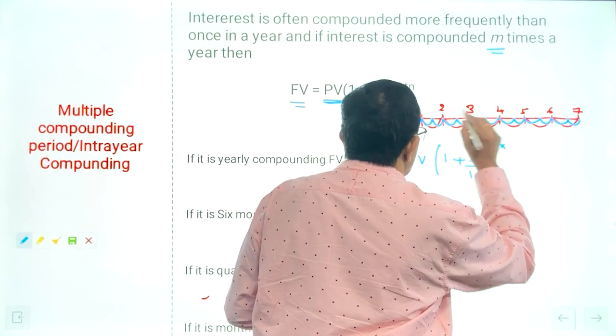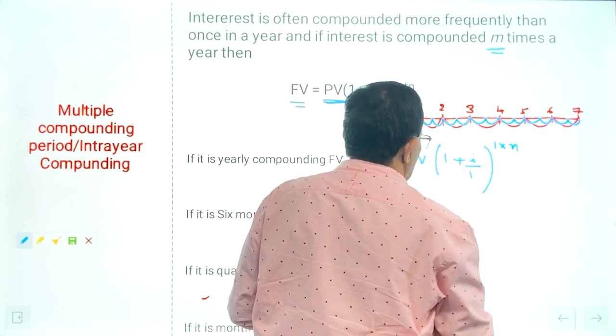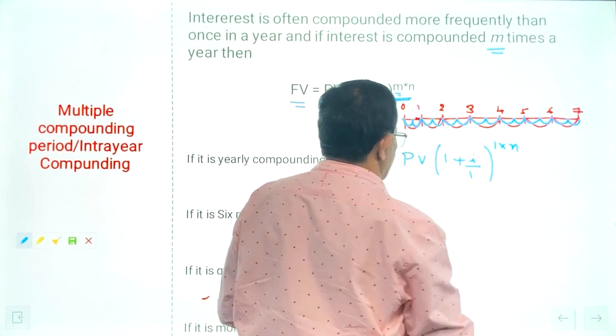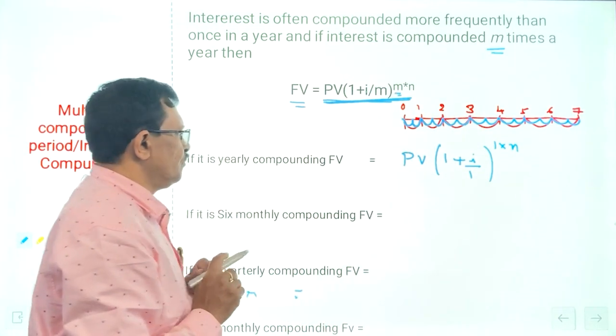So there will not be any difference here if it is going to be a year.